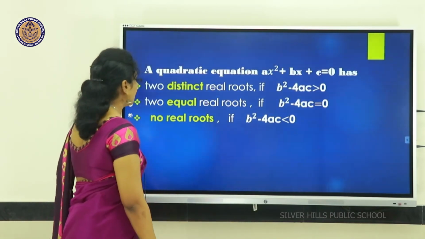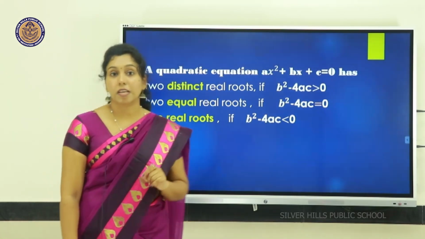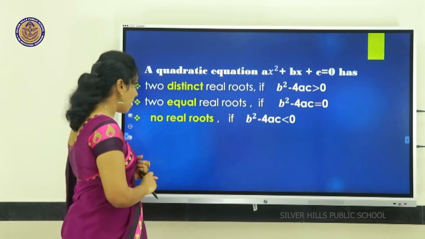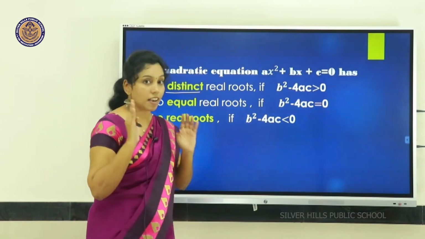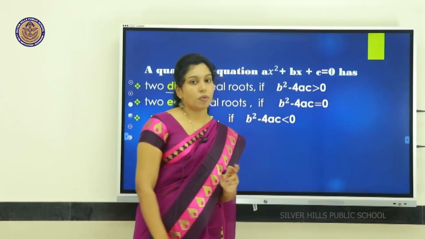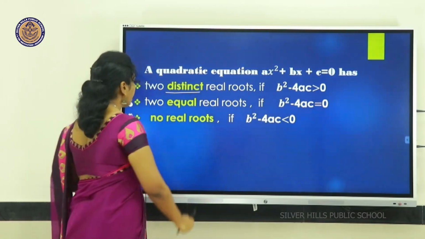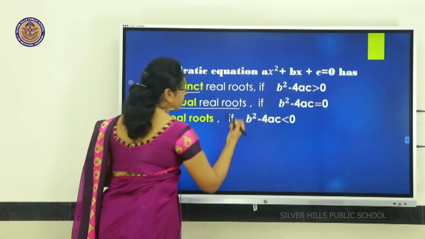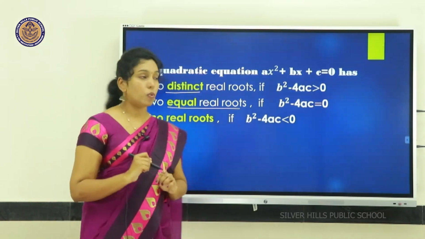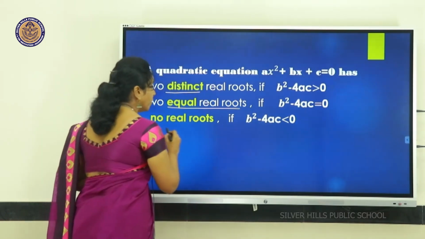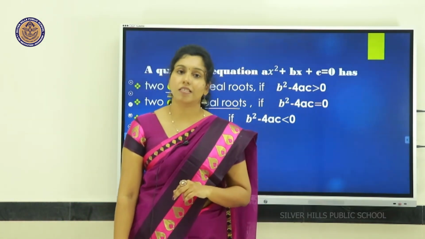Now let's summarize it. A quadratic equation, ax square plus bx plus c equal to 0 has 2 distinct real roots if b square minus 4ac is greater than 0, and that was clear from the questions which we did. 2 equal real roots if b square minus 4ac equal to 0, and finally no real roots if b square minus 4ac is less than 0.